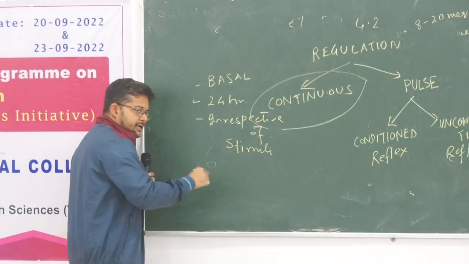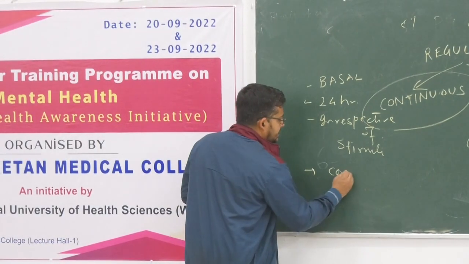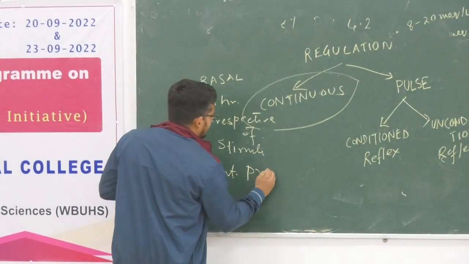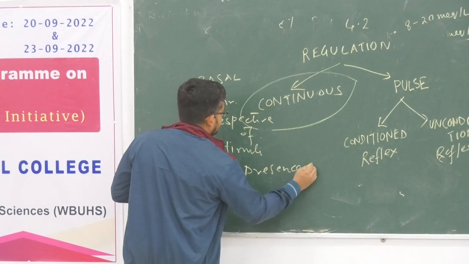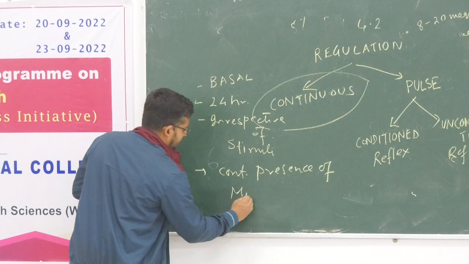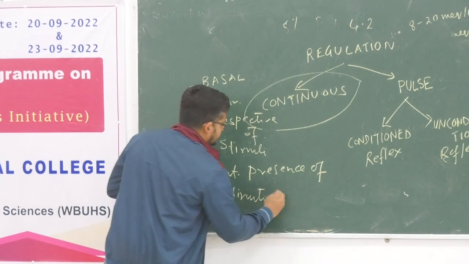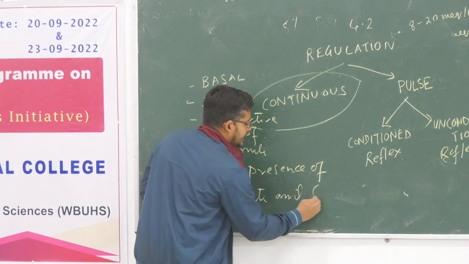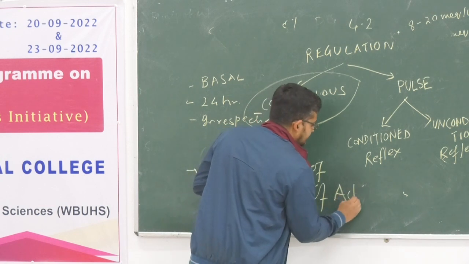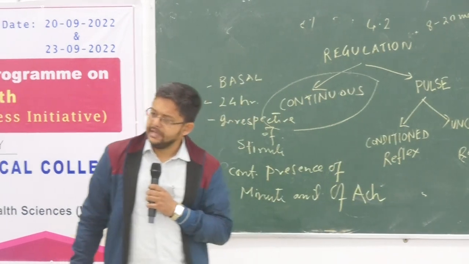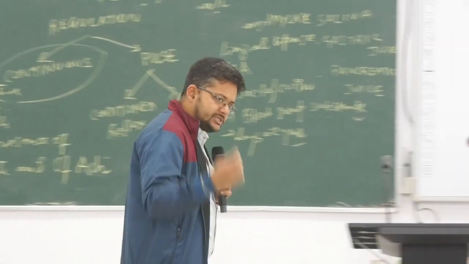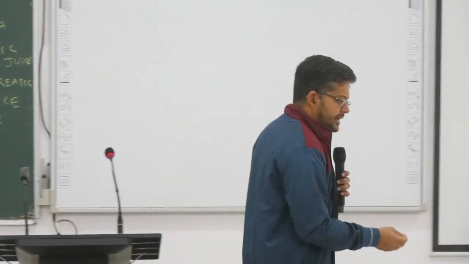This happens because of continuous presence of minute, means small amount of ACH from the local nerve endings. So continuous presence of ACH from the local nerve endings, that leads to this.